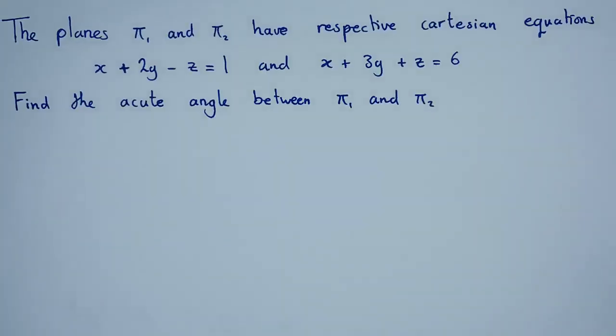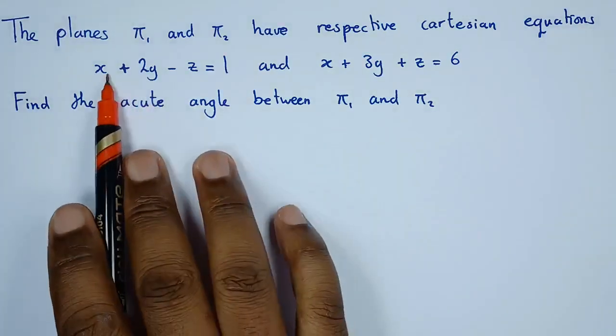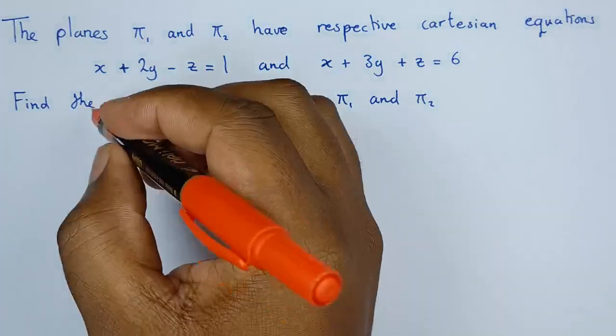So the planes pi 1 and pi 2 have respective Cartesian equations, which are given by these two. Find the acute angle between the two planes. Okay, so this is what I want to do. We're first going to write them by writing down their coefficients only. Then we'll find the dot product, and then we'll also find their magnitudes. So starting with this equation, this is pi 1, of course.